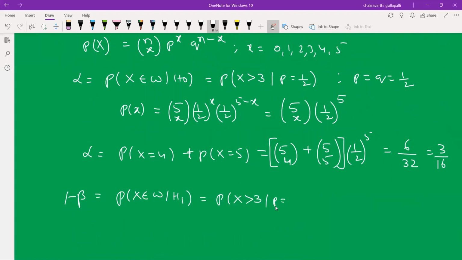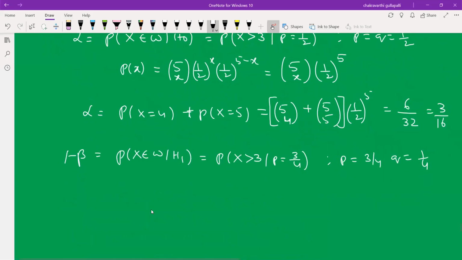Under H1, the p value is equal to 3 by 4. P value 3 by 4. What about Q value? 1 by 4. Now, in this case, probability function: 5Cx, p value 3 by 4 whole power x, q value 1 by 4 whole power 5 minus x.